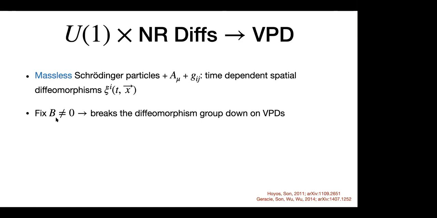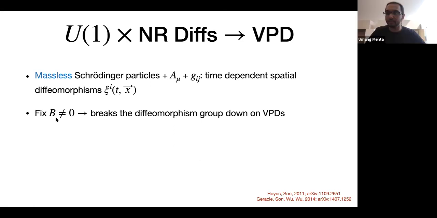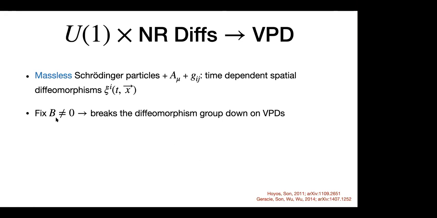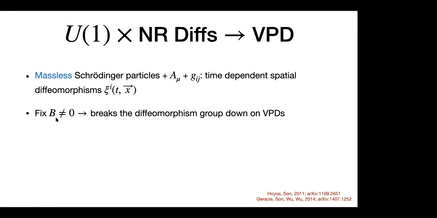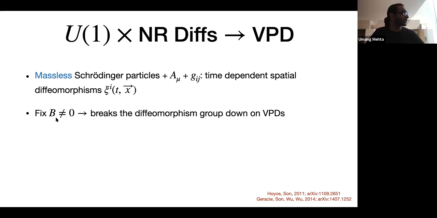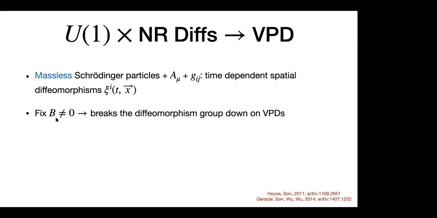And the same for A mu. Are these fields background fields or do they fluctuate? These are background fields. A mu and Gij are background fields. But the diffeomorphism group acts on the background fields. Yes. So the system in flat space and with A mu equals 0, does it have any diffeomorphism symmetry or not? So you turn off all the background.